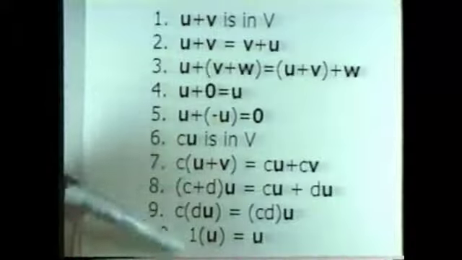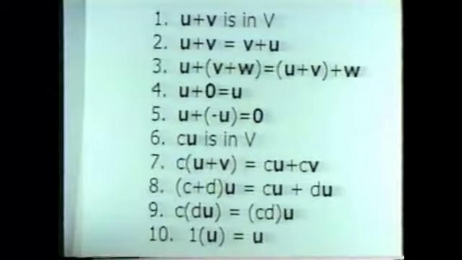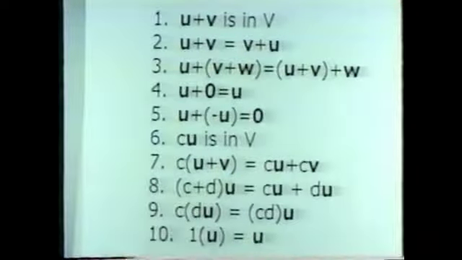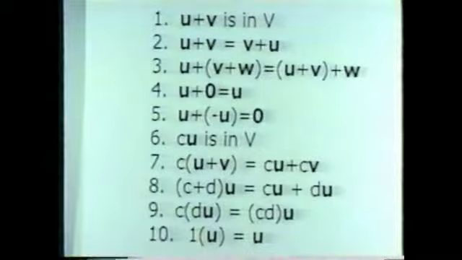So any set of elements that has vector addition and scalar multiplication defined in such a way that all 10 of these properties are true is a vector space.